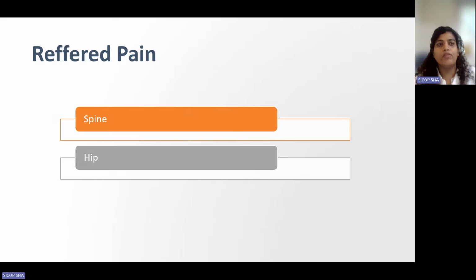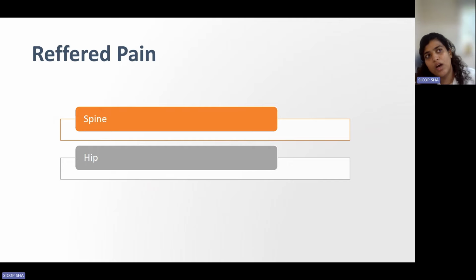Coming to the last, referred pain. When we talk about referred pain, as we spoke earlier, sometimes the pain in the knee can be referred from the spine, right? From the lumbar spine. So we need to clear the spine first, then the hip, before concluding that it is a knee pain.